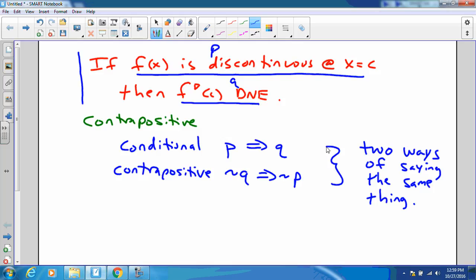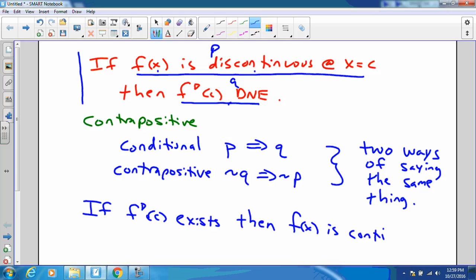So we're going to form the contrapositive of this statement by taking the negation of Q, that is, we're going to say if f prime of c does exist, then we'll take the negation of P here, f of x is continuous at x equals c.